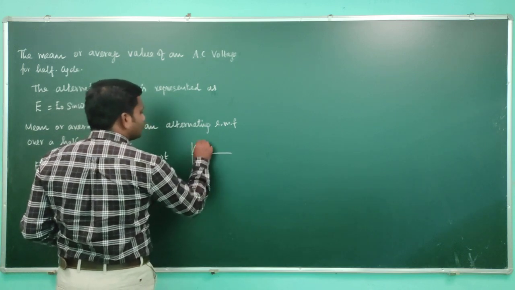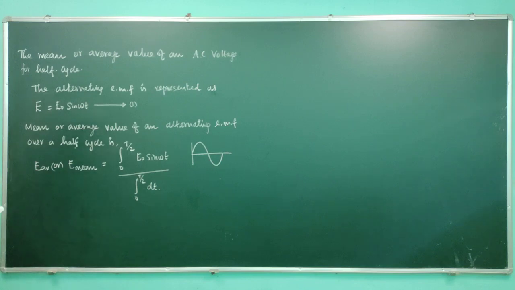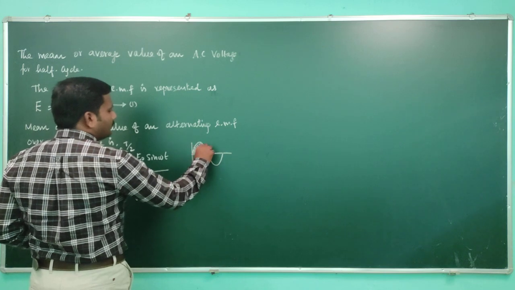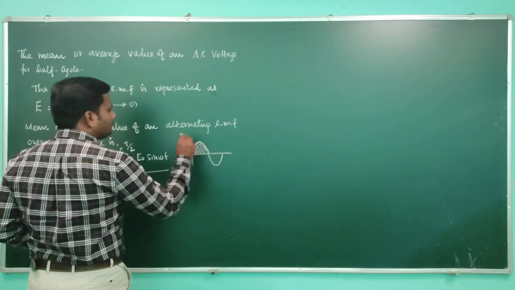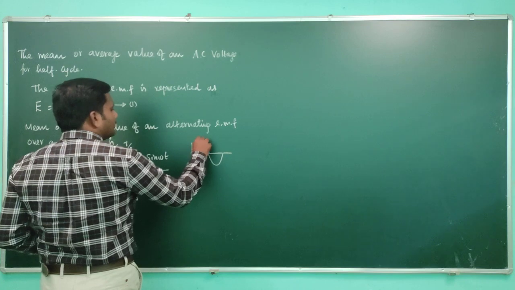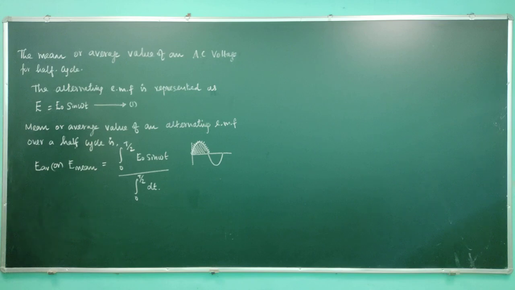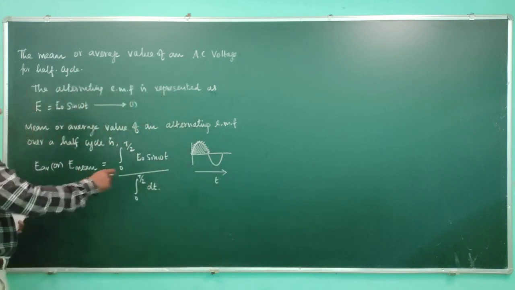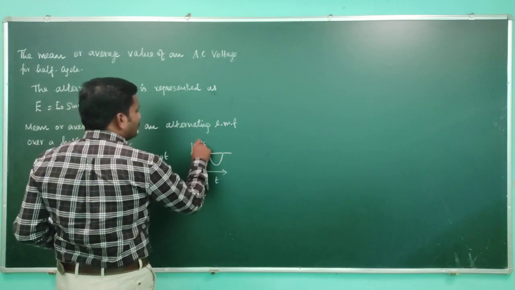This is the graphical representation of one full cycle, in which this portion is the half cycle, the positive half cycle. Now we consider this positive half cycle. We are taking the instantaneous EMF at every infinitesimally small point, progressing in the forward direction as time elapses, where it goes up and goes down.